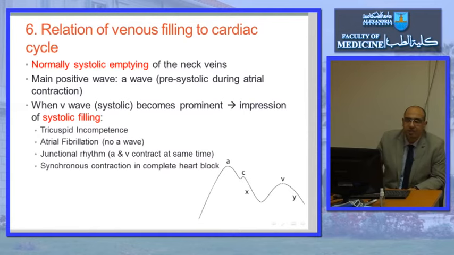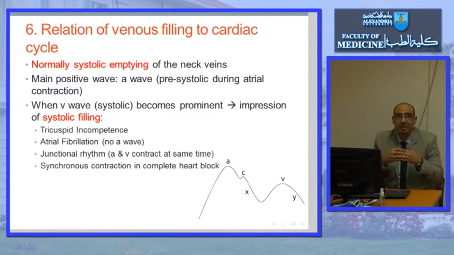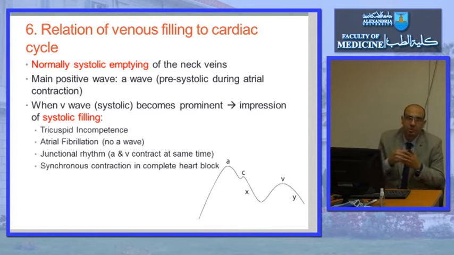We might find this in tricuspid regurgitation, as we described. The tricuspid valve will not close appropriately, and it will allow passage, making the blood move back from the ventricle during contraction to the atrium, and it will go to the neck veins. So in tricuspid regurg, we might find systolic filling of neck veins. Also in atrial fibrillation, also if there is junctional rhythm or synchronous contraction in complete heart block. What is meant by synchronous contraction?